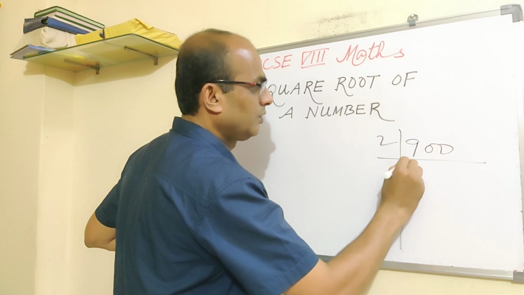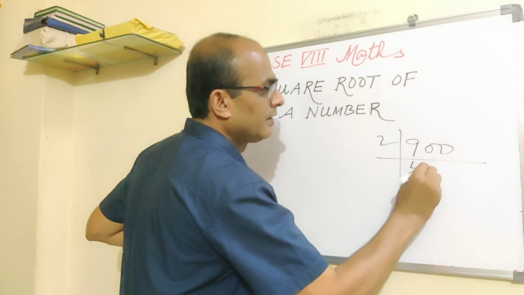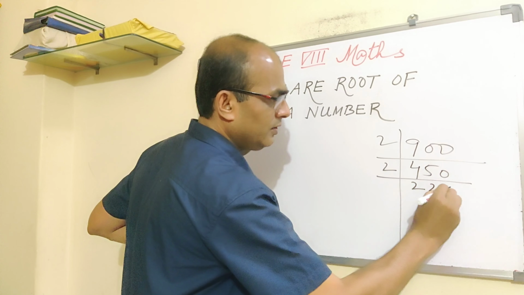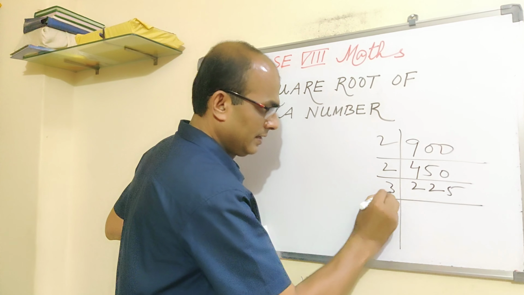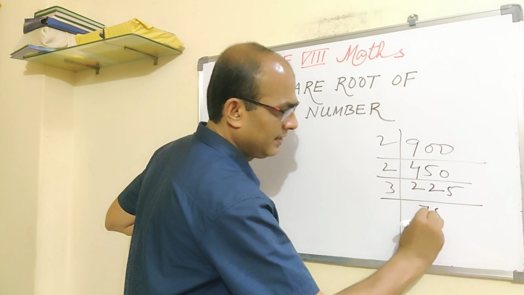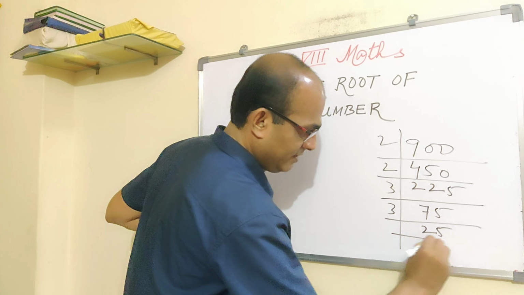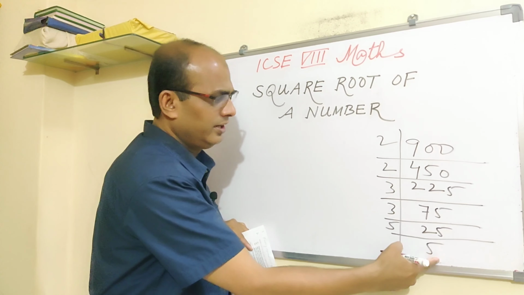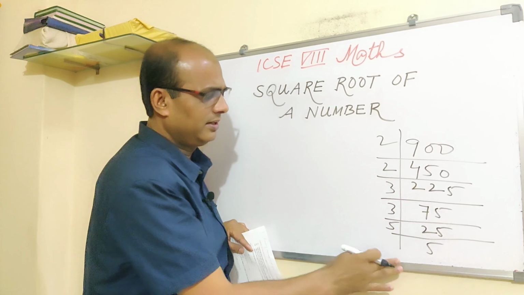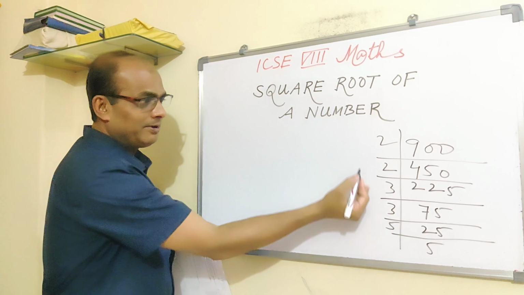Right, so 2 4s are 2 5s are, and again 2 2s are 2 5s are, now 3 7s are, and then 3 5s are, and again 3 2s are, 3 5s are, and then 5 5s are. Now you need not write down 5 here and 1 here. It's okay, fine. You can stop here. These are the prime factors.